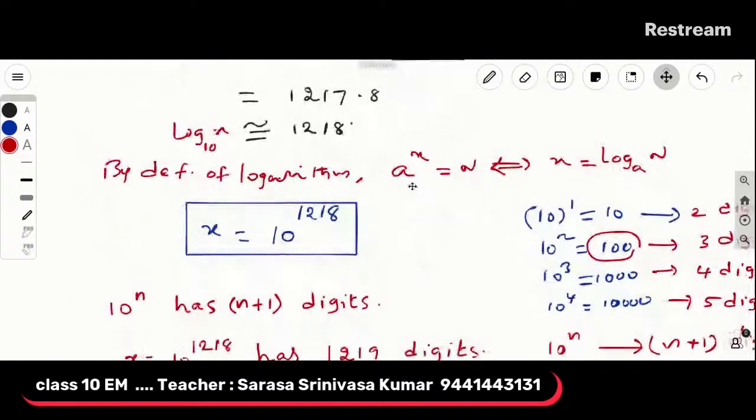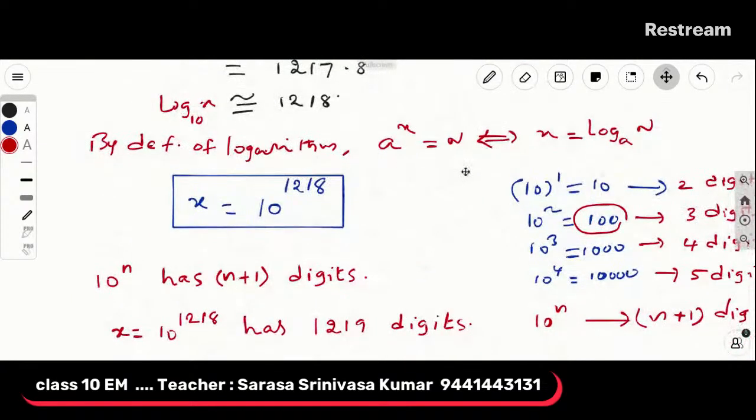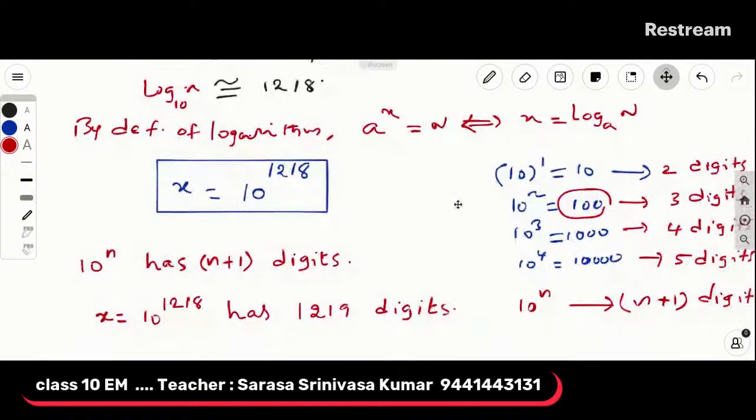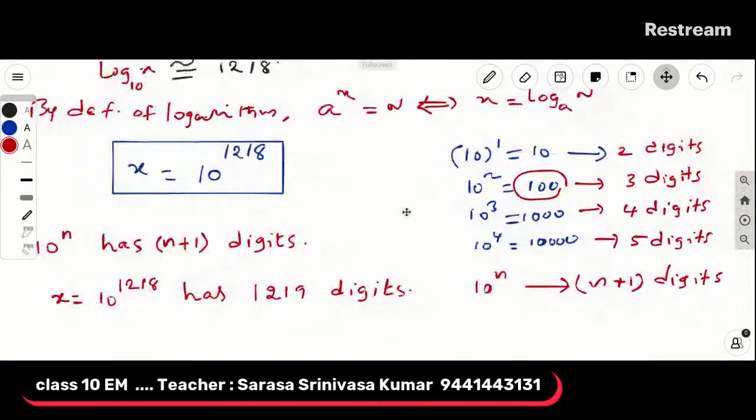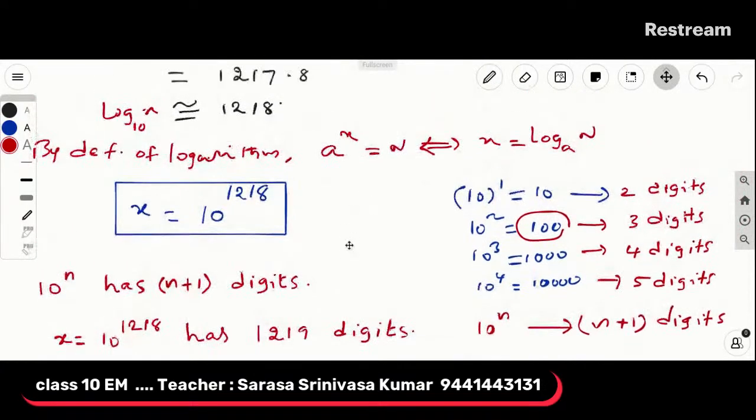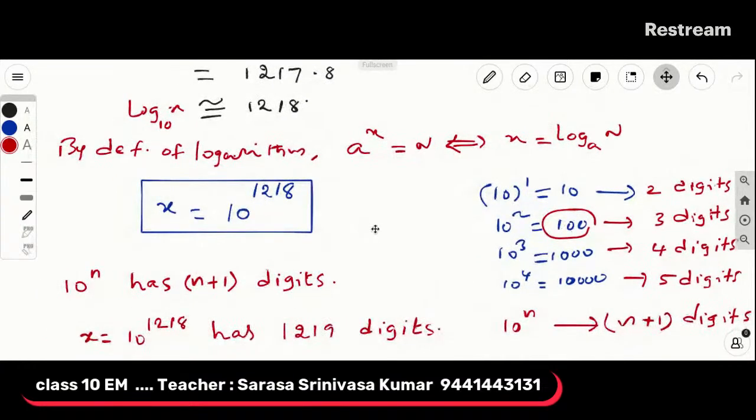So by the definition of logarithm, a to the power of x equal to n implies and is implied by x equal to log n base a, then we can write x equal to 10 to the power of 1218.